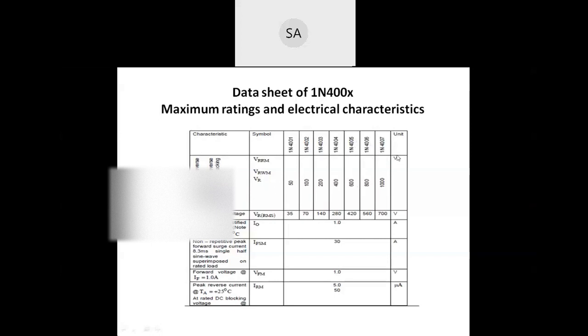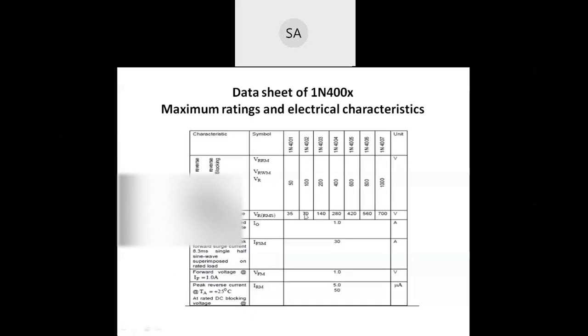So this is a reverse voltage; peak reverse voltage and peak inverse voltage can be expressed in terms of voltage. And VR(RMS) is the reverse RMS voltage. For the IN4001 it is 35, IN4002 is 70, and then 140, 280, 420, 560, 700.